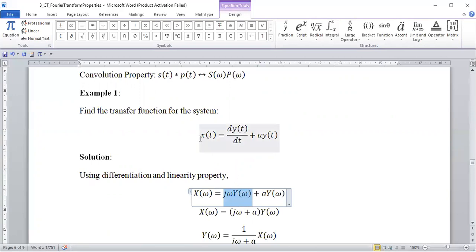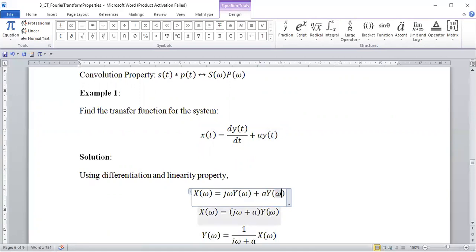Then the linearity property allows us to take the Fourier transform of x of t to be X of omega, and the Fourier transform of a y of t to be a Y of omega, and allows us to add them together.